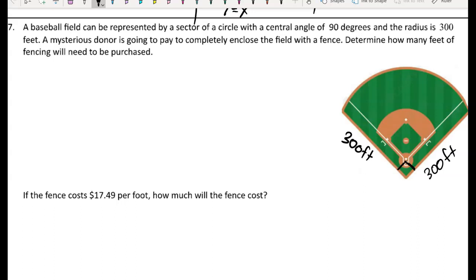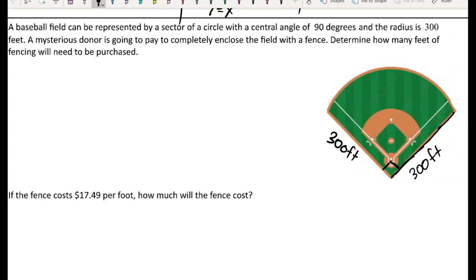Well, there's three parts of this sector, right? There's this straight side that's 300, so I'm going to need at least 300 there. There's this other straight side that's also 300, so I'll need 600 altogether for those straight sides. But I need to figure out how long the distance is along this curve part right there. So if I'm finding the distance along the curve part, that's a part of the circle's circumference.